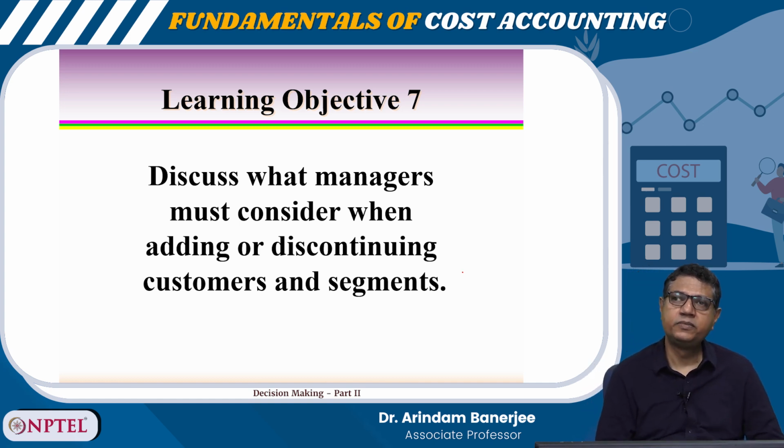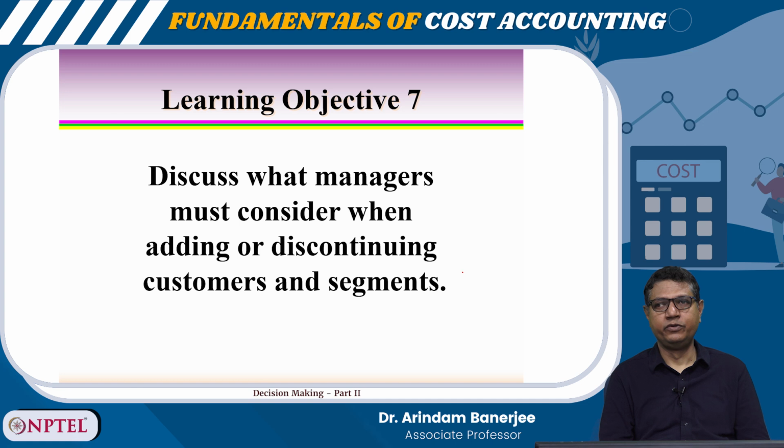The other concept which we discussed is the concept of opportunity cost. What is opportunity cost? Opportunity cost is actually not a cost, but it is actually the cost of opportunity foregone. So if I forego a certain opportunity, then I am losing some revenue.